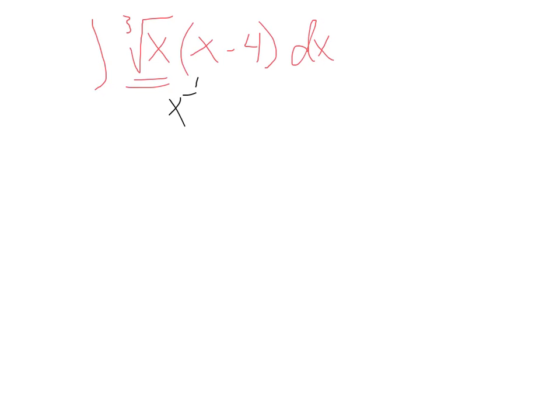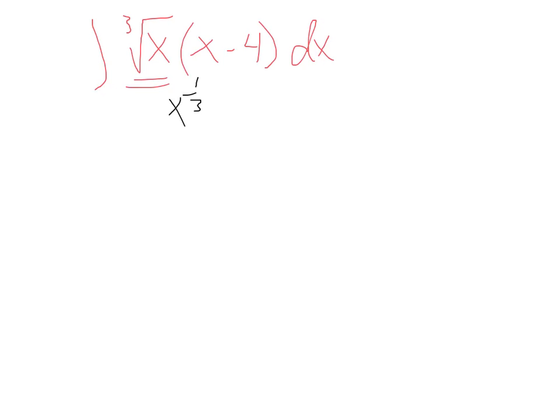Okay, and the last example I'll go through is the integral of the cube root of x times (x minus 4) dx. First thing I'm going to do is rewrite the cube root as x to the 1/3 power.